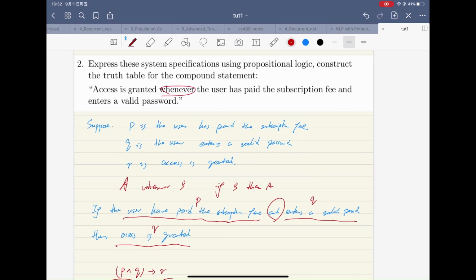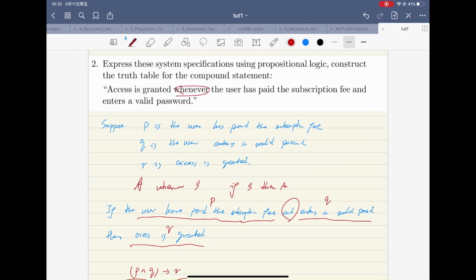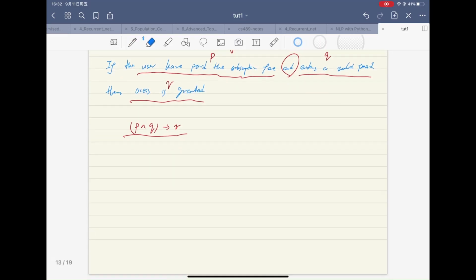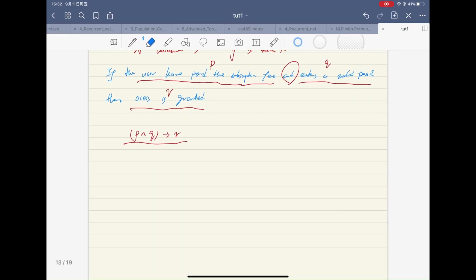And the question asks you to construct the truth table. So let's do that. We have 3 propositions, so then we need 8 rows.